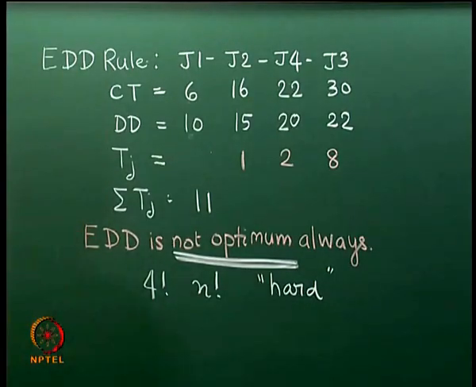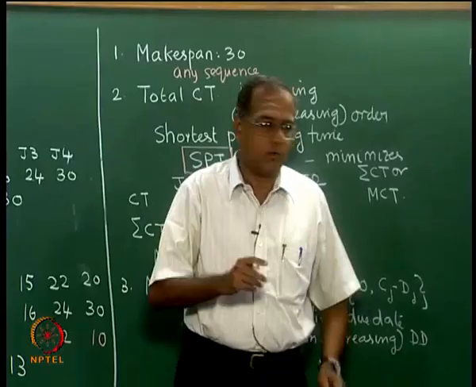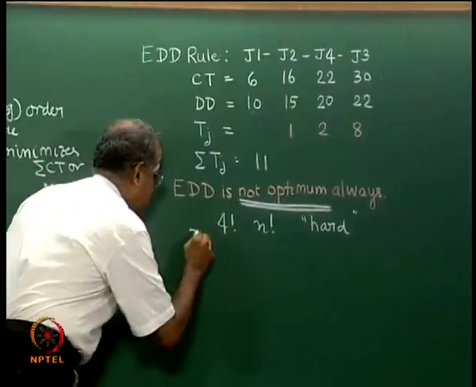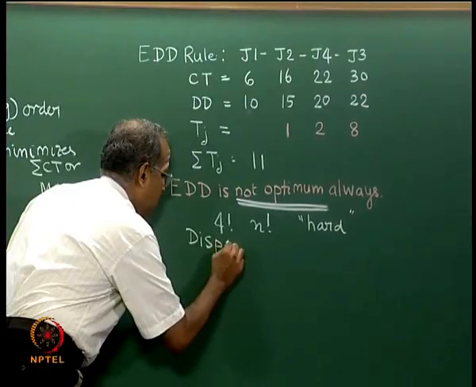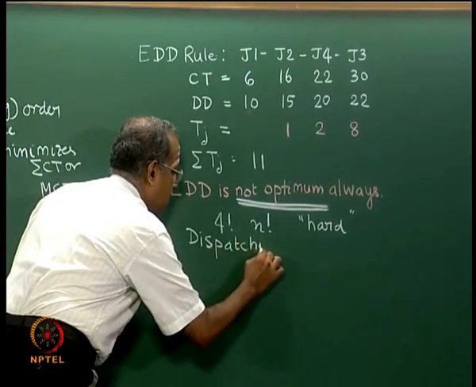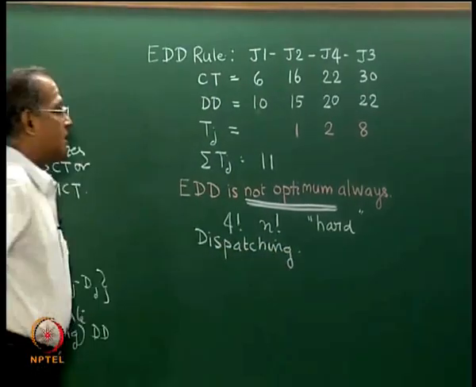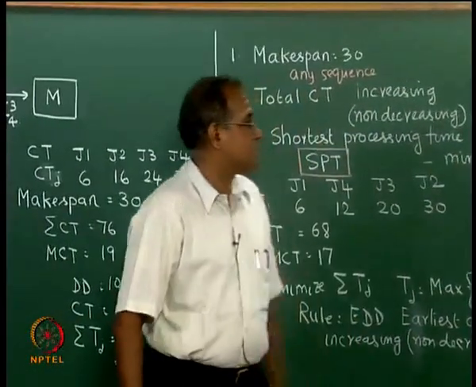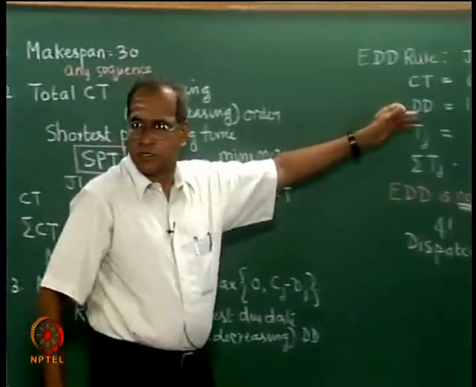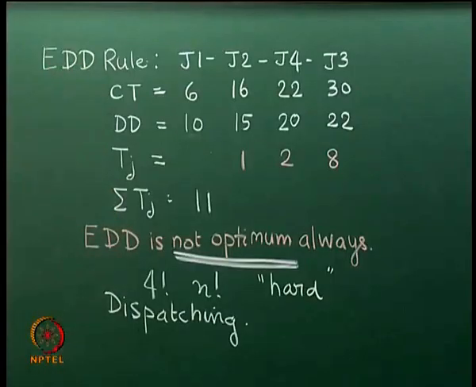Therefore, in this class of problems, it is customary to look at thumb rules, or what are called dispatching rules, to try and get the best solution. Earliest due date is one such popular dispatching rule, though it does not guarantee the optimum solution in the case of single machine tardiness minimization.